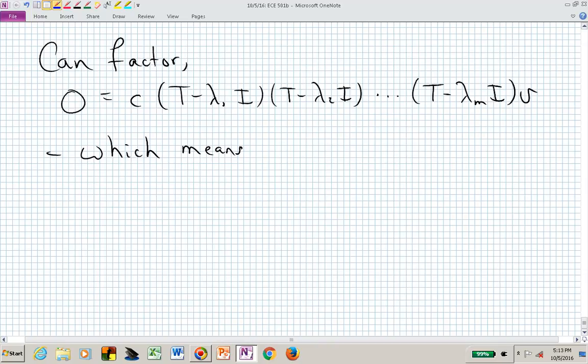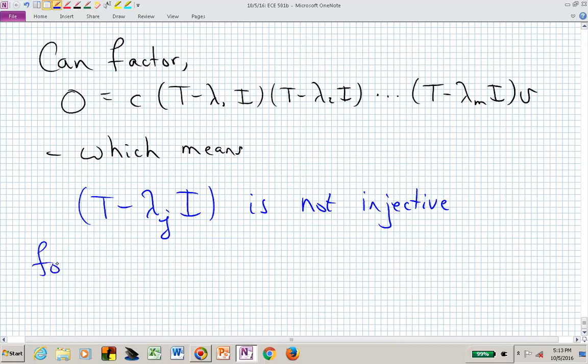Which means that one of those factors is non-injective, which means T minus lambda sub j I is not injective for at least one lambda sub j.